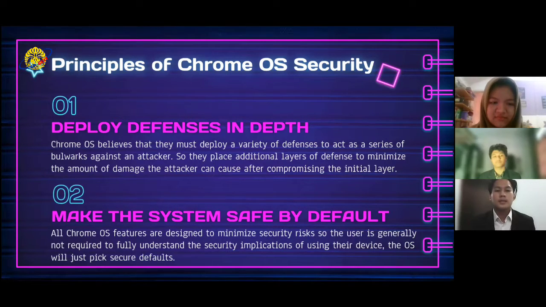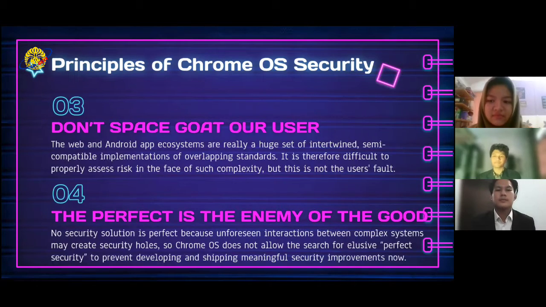Second, make the system safe by default. All Chrome OS features are designed to minimize security risk, so the user is generally not required to fully understand the security implications of using their device. The OS will just pick secure defaults.